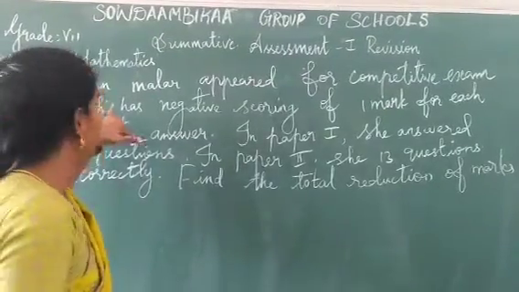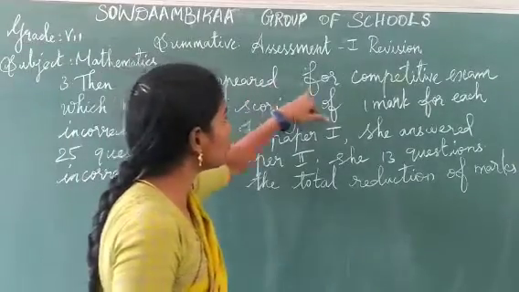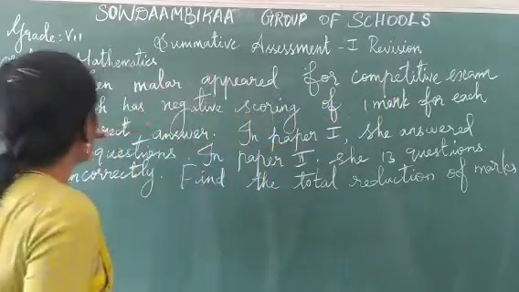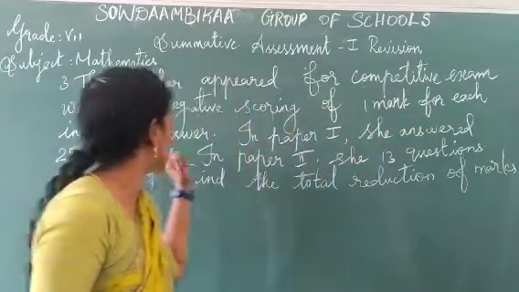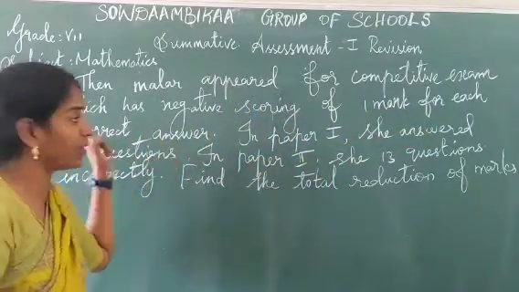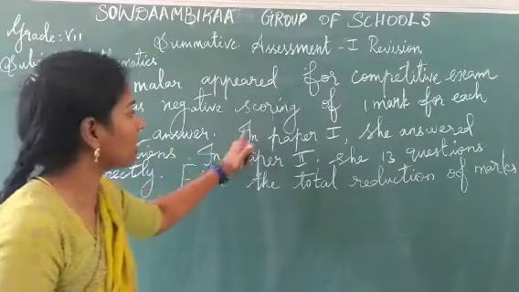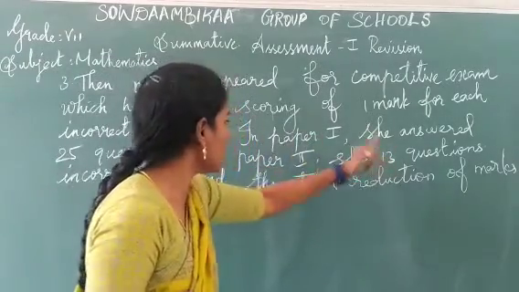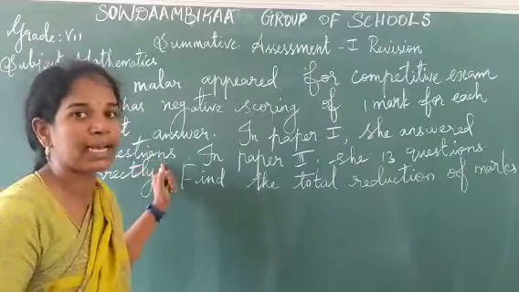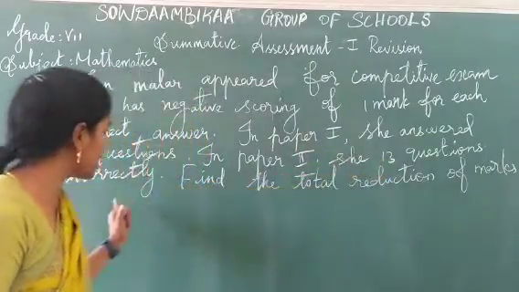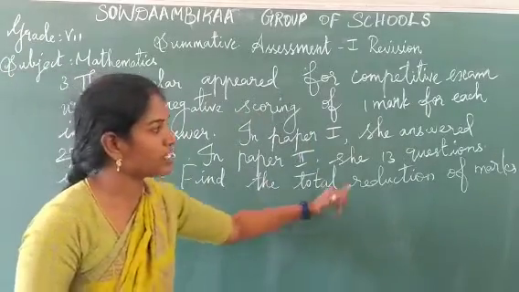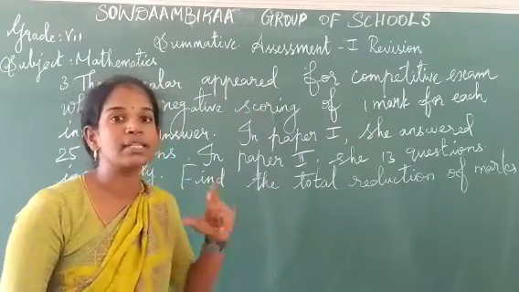Third sum. Tenmala appeared for a competitive exam which has negative scoring of 1 mark for each incorrect answer. In paper 1 she answered 25 questions incorrectly. In paper 2 she answered 13 questions incorrectly. Find the total reduction of marks. First we have to understand the given sum.